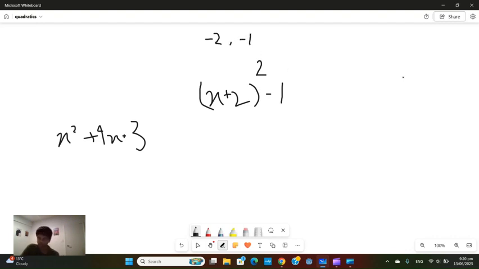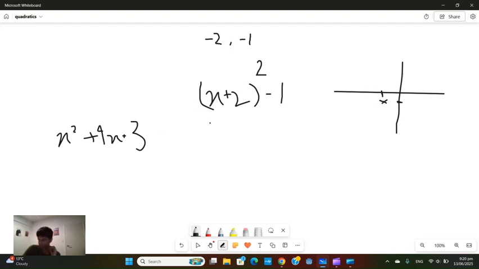That is the vertex. So in our grid, we have -2 here and -1 here. So that is the vertex.